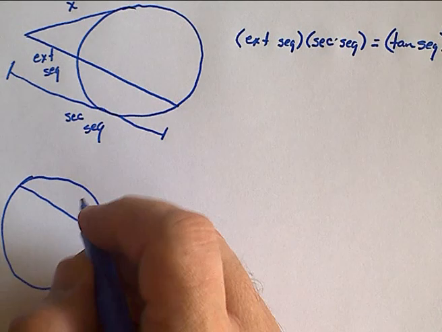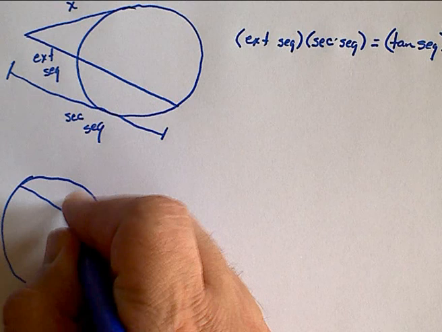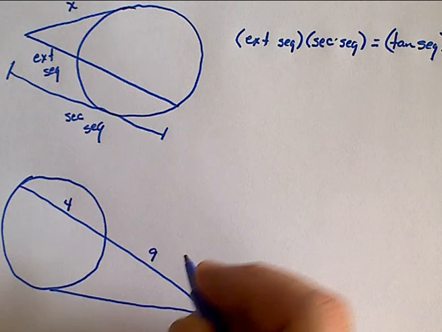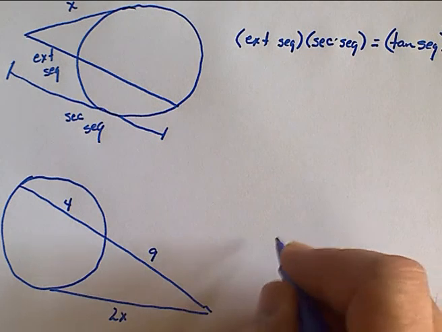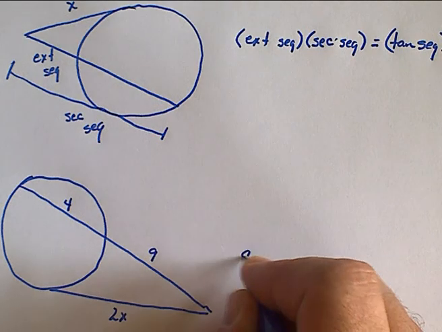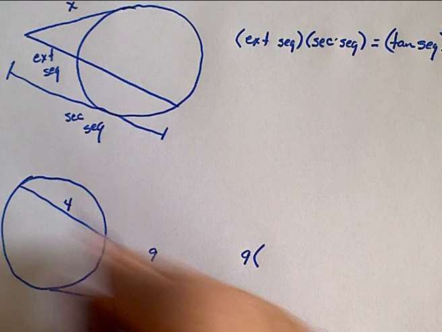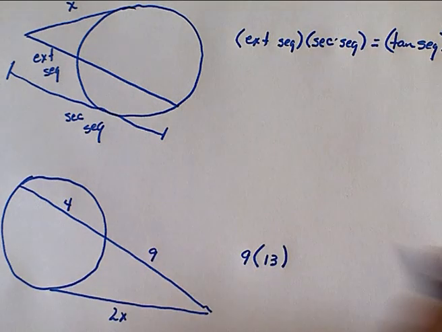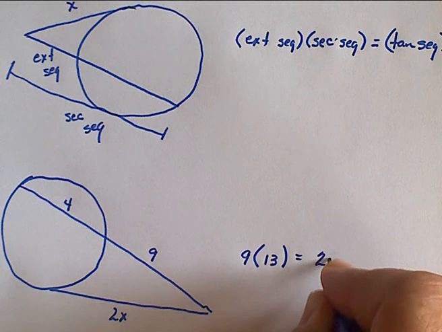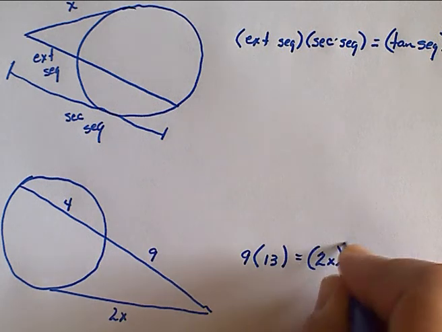Inside I got a 4. Outside I got a 9. And then my tangent segment is 2x. So the outside piece is 9. The secant segment is 13. I need to add. And 2x, my tangent segment, squared.